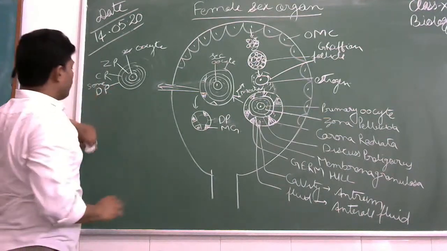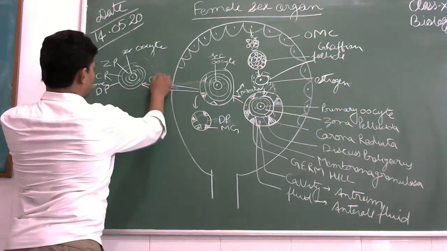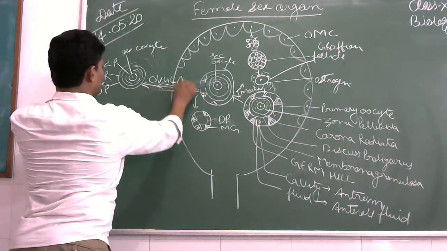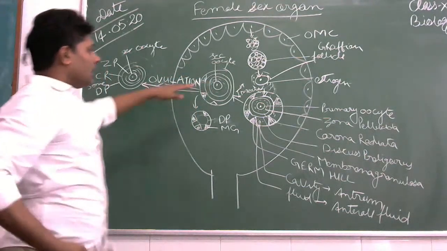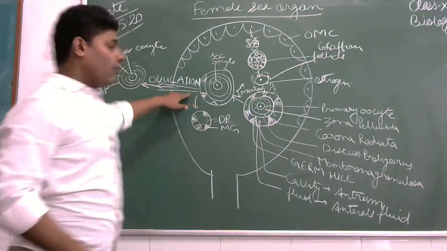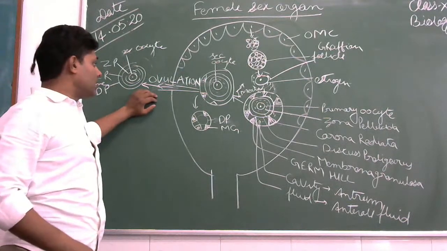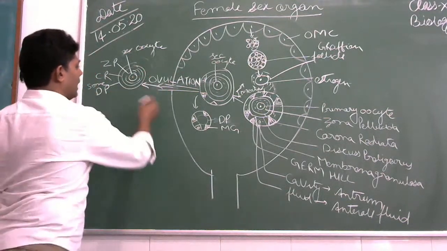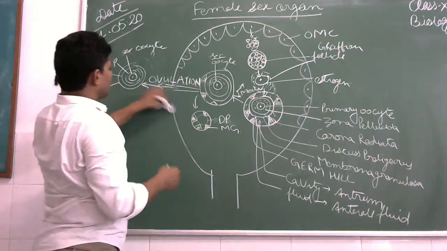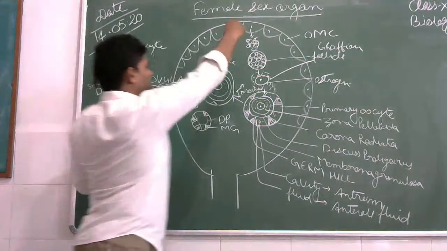Clear? What happens? So this process is termed as ovulation. The release of the ovum from the ovary to outside into the interstitial fluid is termed as ovulation, and the main hormone acting in this part is luteinizing hormone.